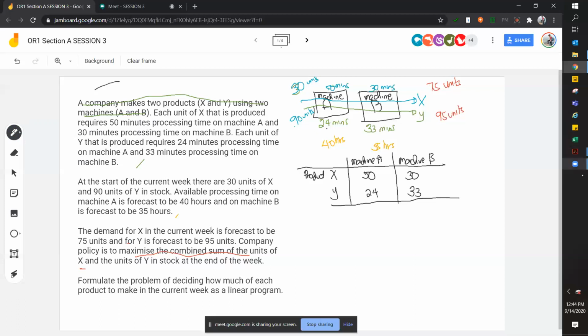Then machine A is 40 times 60, which is 2,400, and machine B is 35 times 60, which is 2,100.